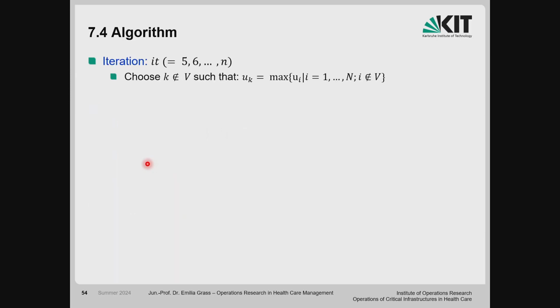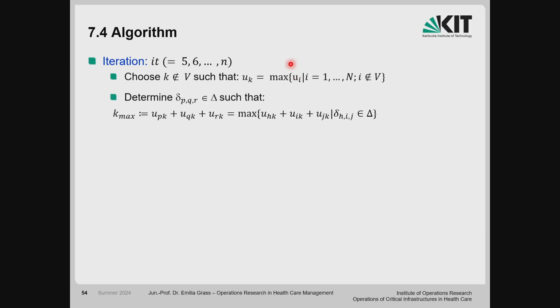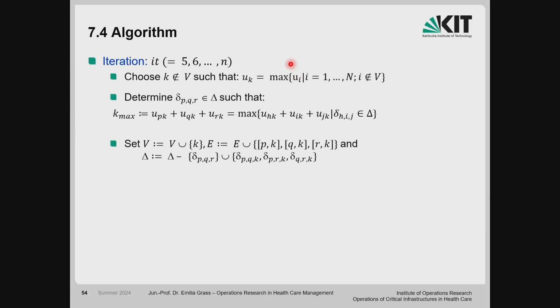And then the next iterations are to choose the next nodes that have the maximum preferences. Determine again, update the new triangle and set the new graph with nodes, edges, and triangles, and then you go as long as you don't have any nodes that have to be assigned anymore.